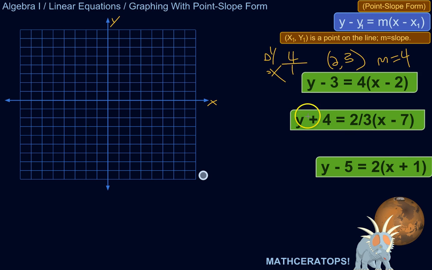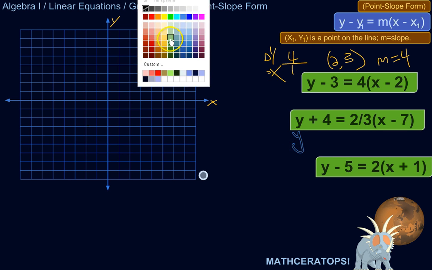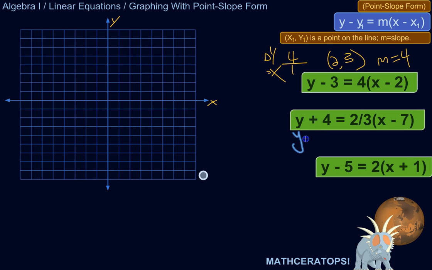So if you see y plus 4, think of it as y minus negative 4. Same thing, right? Minus a negative is plus. So the y coordinate of the point that's on the line is negative 4. So just be careful.